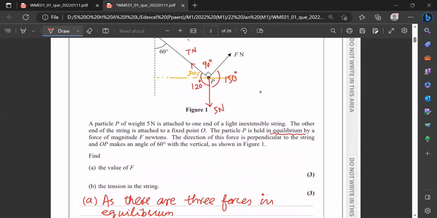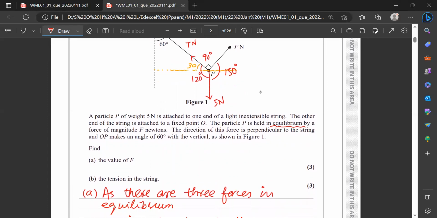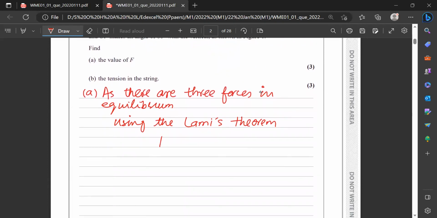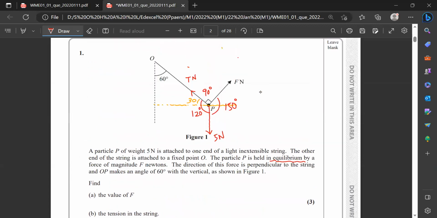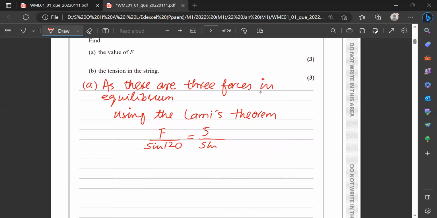So there are three forces in equilibrium, you can use the Lami's theorem. Lami's theorem states that force over sine of the angle between the other two forces is constant. So F over sine of 120, the angle between T and 5, equals 5, the known force, over sine of the angle between the other two forces, T and F, which is 90 degrees.